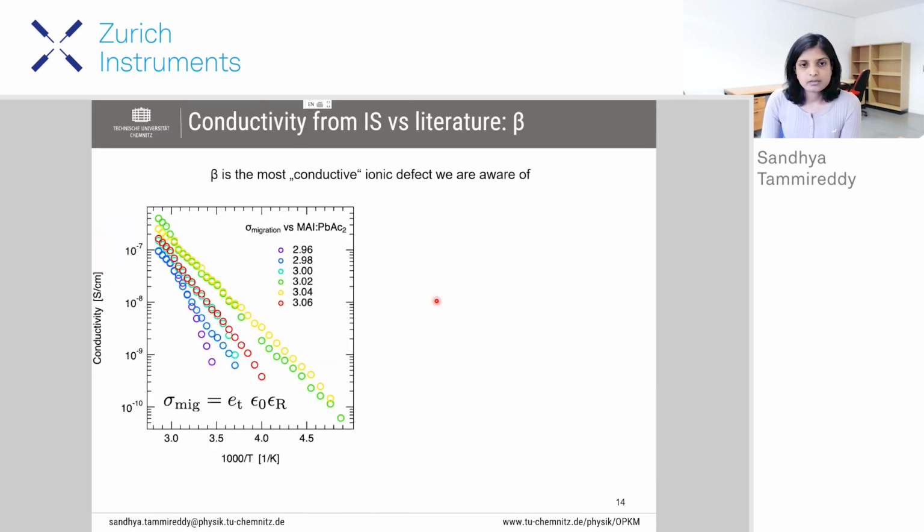As I said, one defect seems to be present in most of the perovskites that we measured. To know the origin of the defect, whether it comes from iodide, lead, methylammonium or hydrogen carbon, we extracted the conductivities. The conductivity relation is a bit different from what you conventionally see.